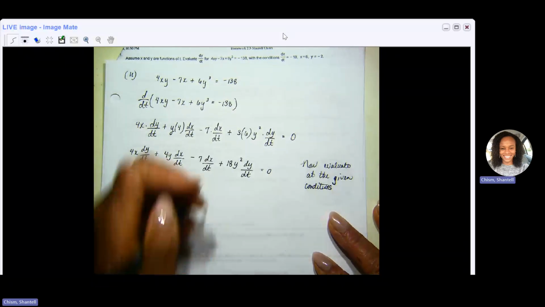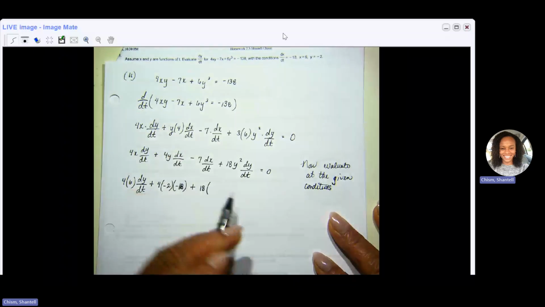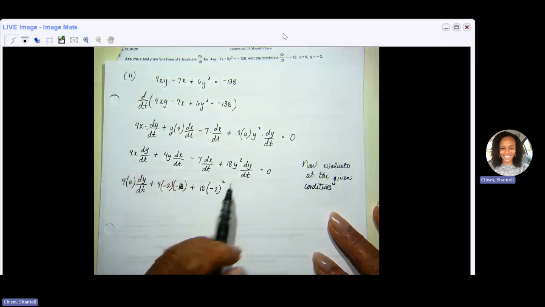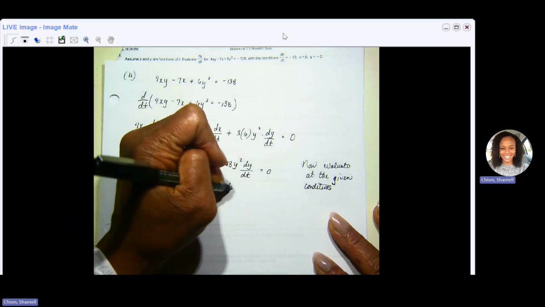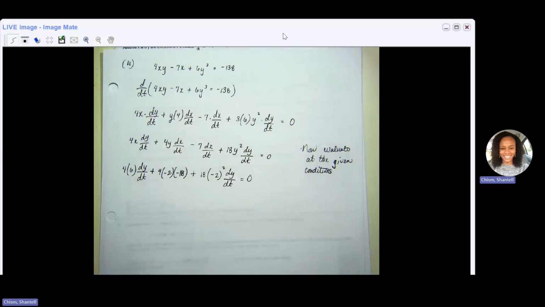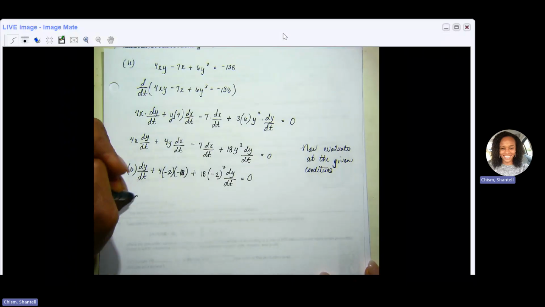and then plus 18 times y squared, which is negative 2 squared. Okay, y is negative 2 squared. And then again, dy over dt equals 0. Okay, so this is what we have right now. Let's clean all this up. So 4 times 6, that's 24 dy over dt.